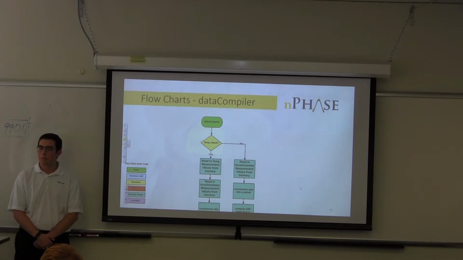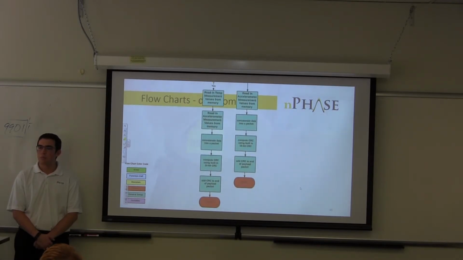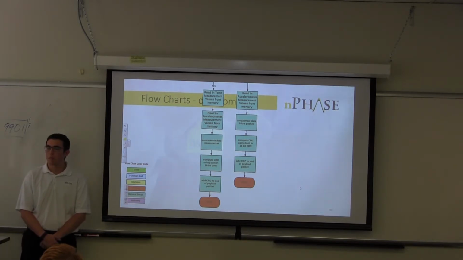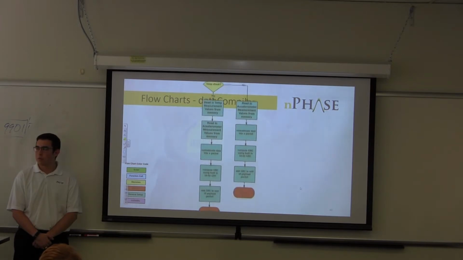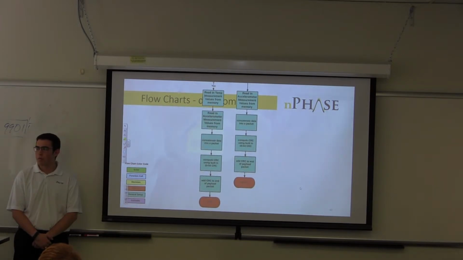And then we're going to concatenate this data into a packet, compute the CRC using our built-in 16-bit CRC and adding that to the end of the packet. If there is no temperature data, then we're going to be filling the next packets up with accelerometer data. And that is going to be filled into packets and added as CRC as well.